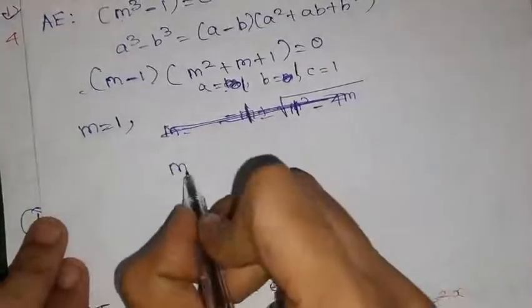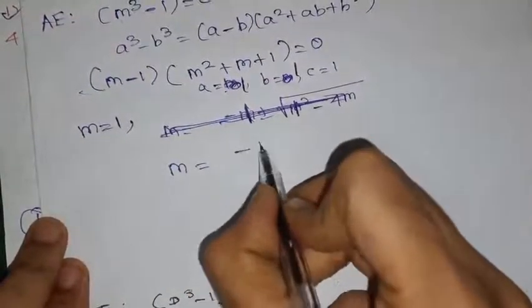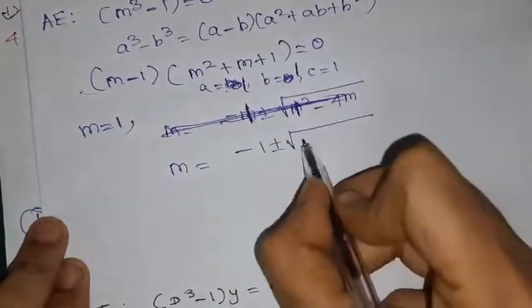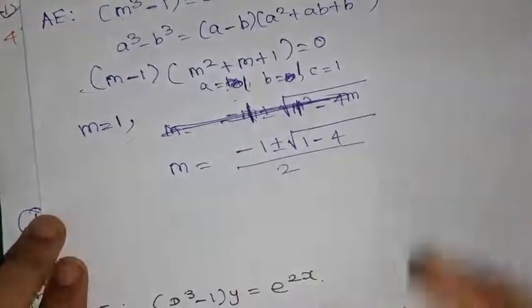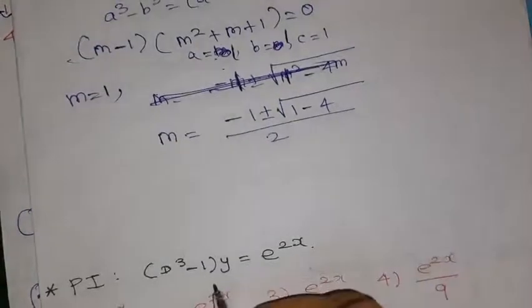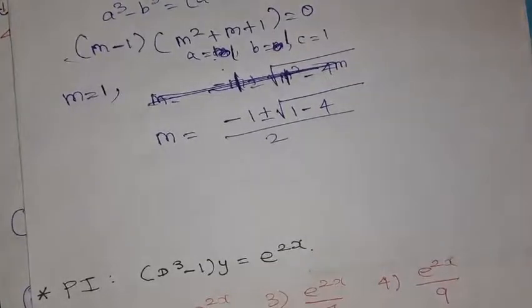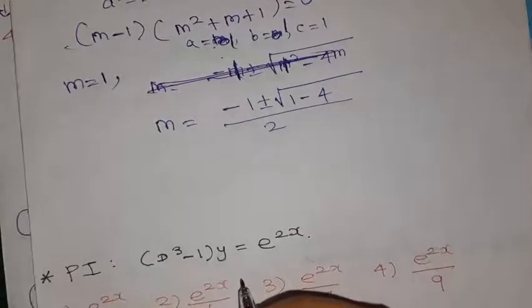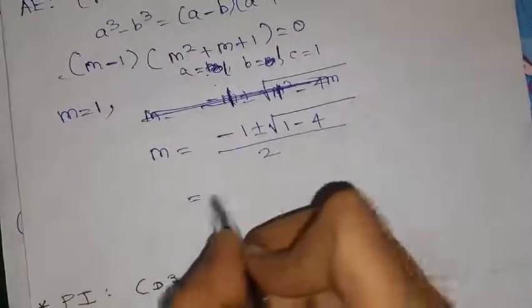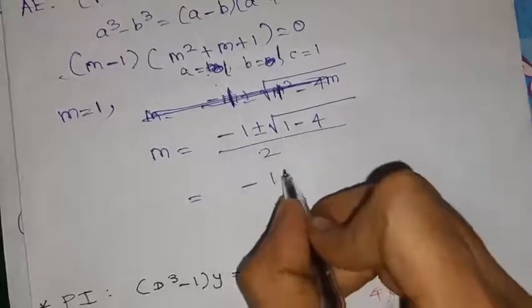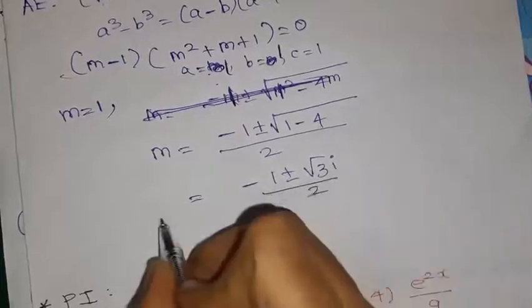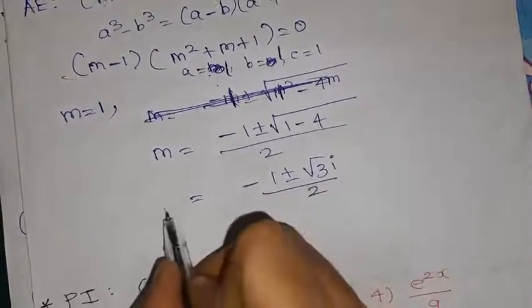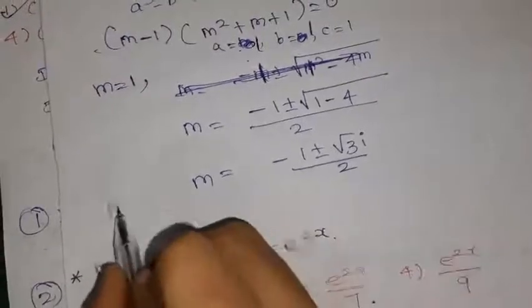Just substitute this. So minus 1 plus or minus square root of 1 minus 4, divided by 2. So m equal to minus 1 plus or minus root 3 i by 2, and m equal to 1.